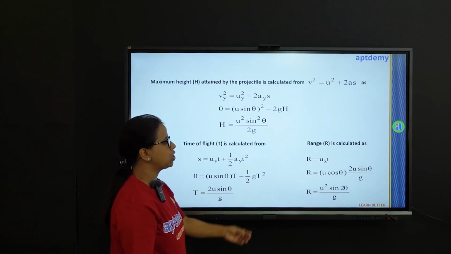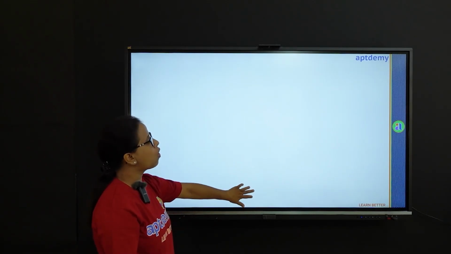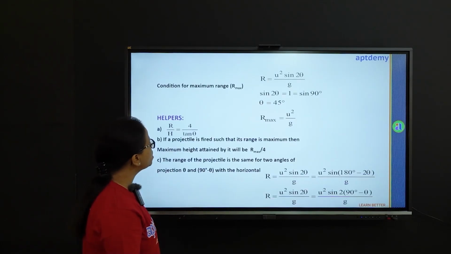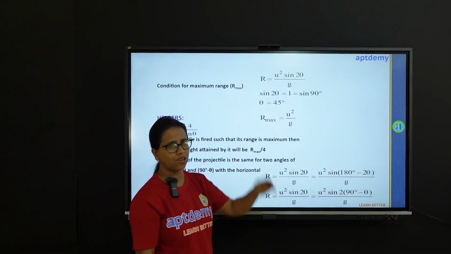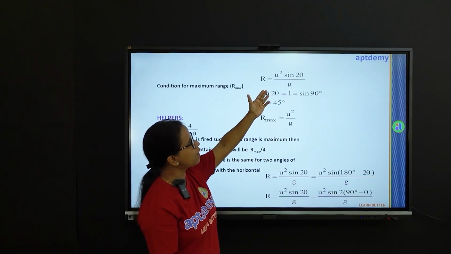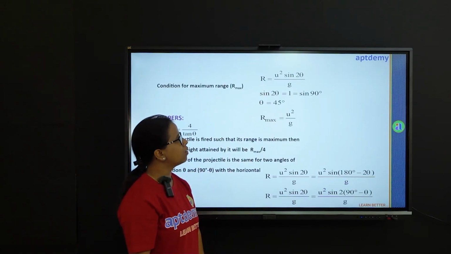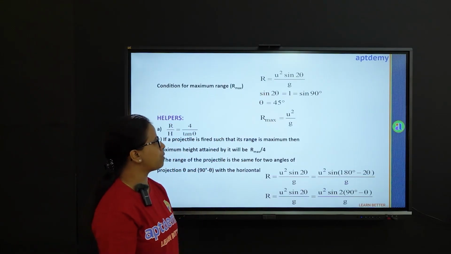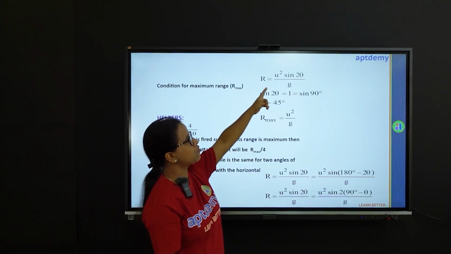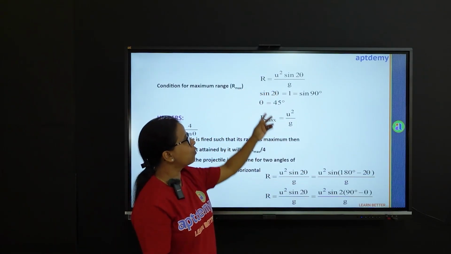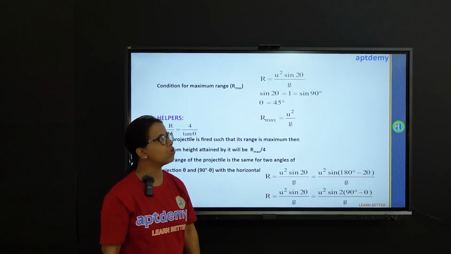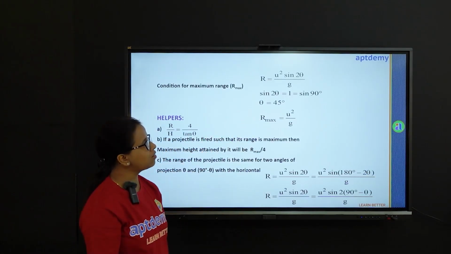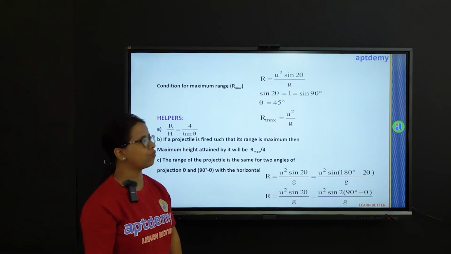Now what is the condition for maximum range of the projectile? As we can see from here, the range of a projectile is written as u square sin 2 theta by g. Under what conditions can range be maximum? Range is maximum if sin 2 theta is maximum, and we know the maximum value of sine is 1. So sin 2 theta equals sin 90, or theta is equal to 45 degrees.